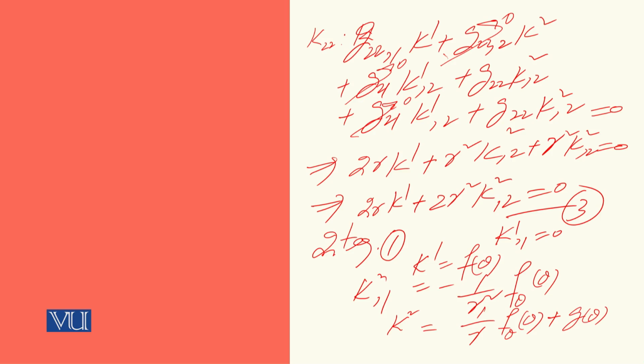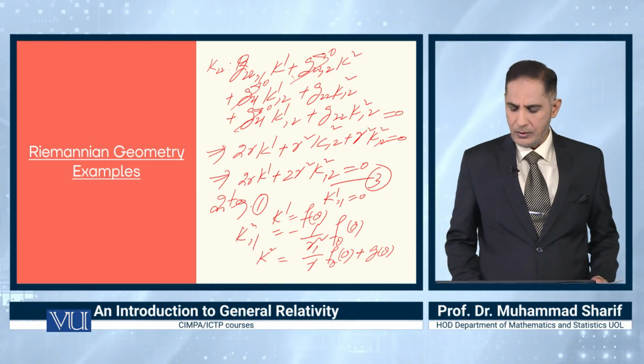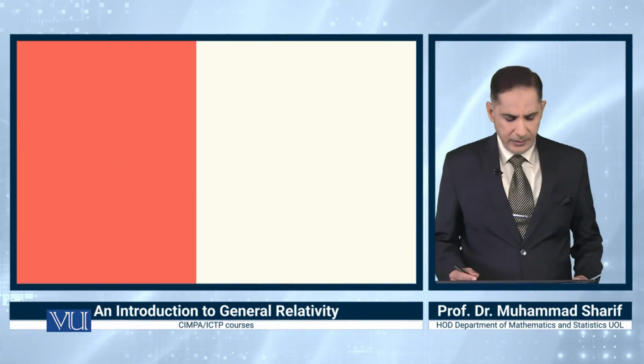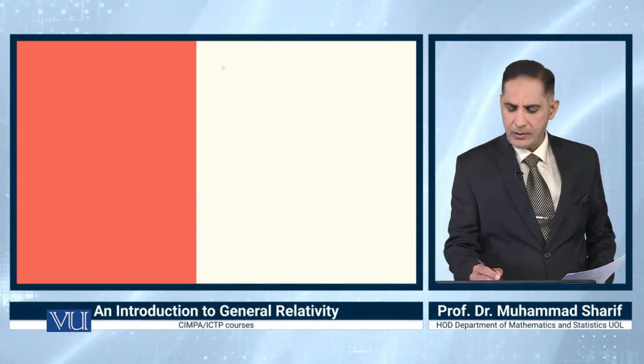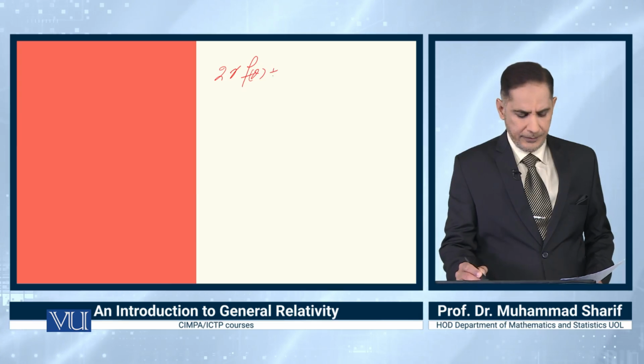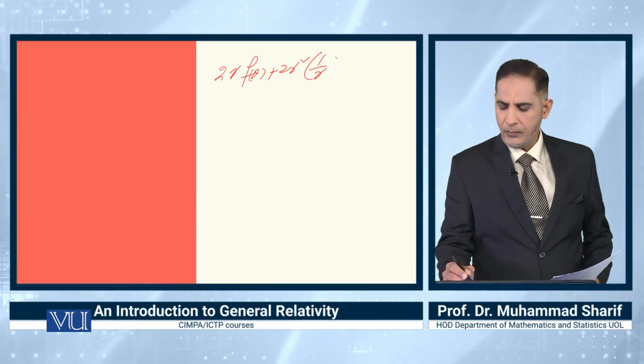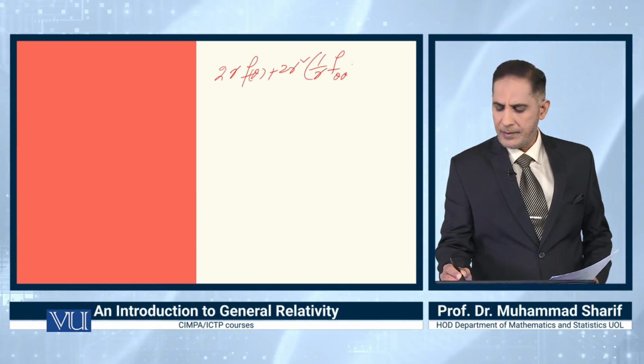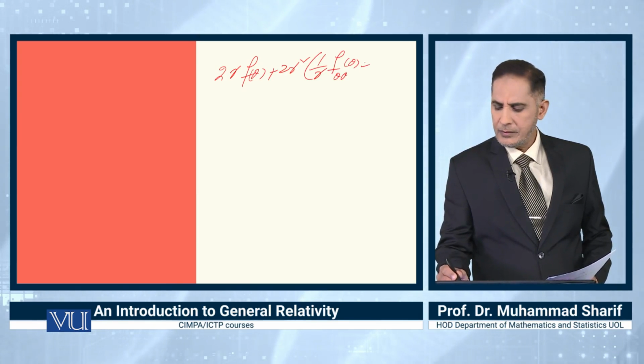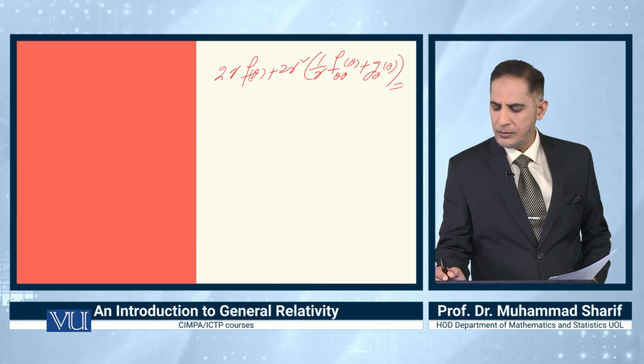So now we insert these values in equation number 3, because equation number 3 involves k1 and k2. When we insert these values, equation number 3 takes the form plus 2r square times 1 over r f theta theta plus g theta theta is equal to 0.